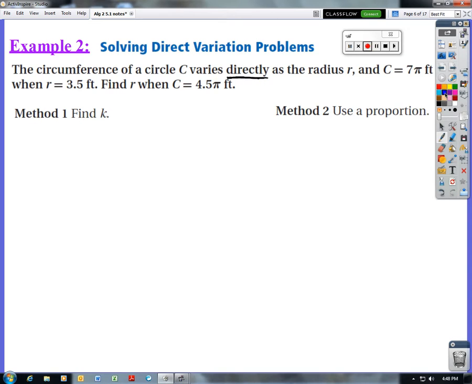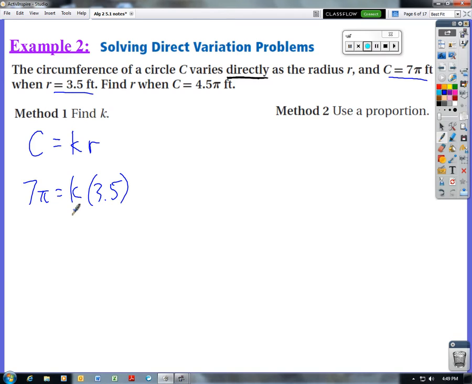So our equation in this case, instead of y equals k times x, it's the same type of equation, but we're just going to use different letters because we're dealing with a circle. C equals k times r because we're dealing with circumference and radius. And then it gives us these two values to plug in for C and r. So we've got C equals 7 pi feet and r equals 3.5.